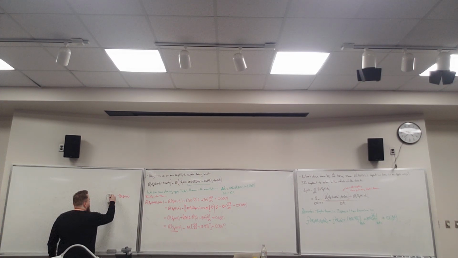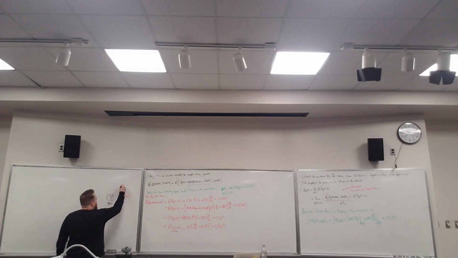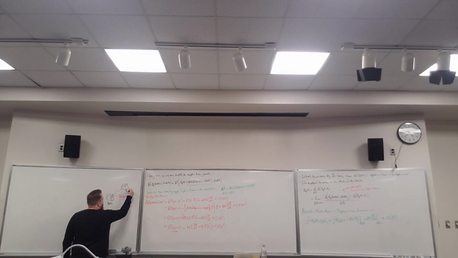And then the idea is that at some point in the future, a short time later, it has moved. And now it's at some new position, xp of t plus delta t. And the velocity has also changed a little bit. And its new velocity is u of xp of t plus delta t and time.